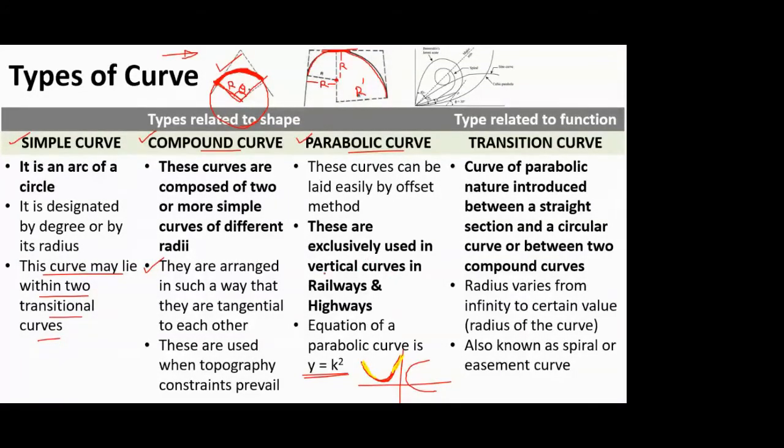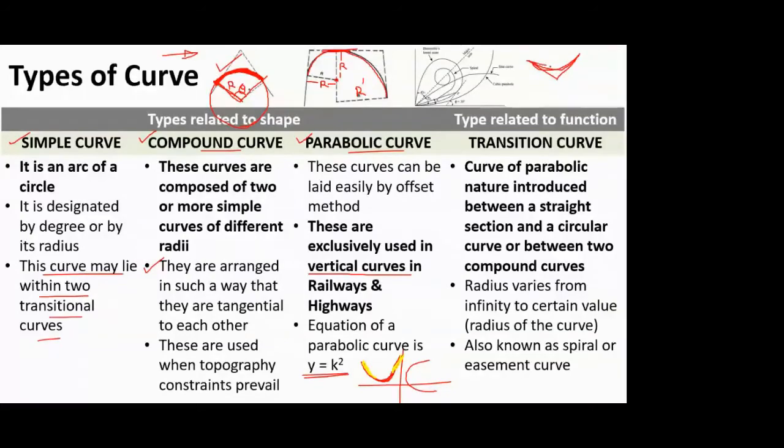So one, it is used in vertical curves. As I told you, a vertical curve is nothing but a curve where we have a down gradient and an up gradient, suppose, and you cannot take your railway like this. It will be a roller coaster. So in that case, you have to flatten this change as much as possible.